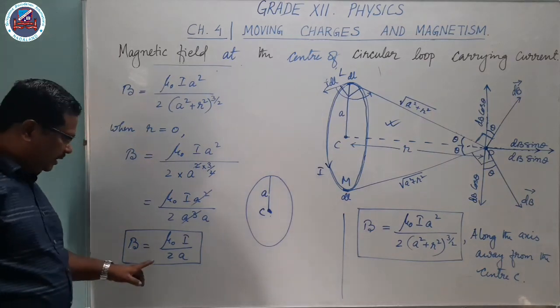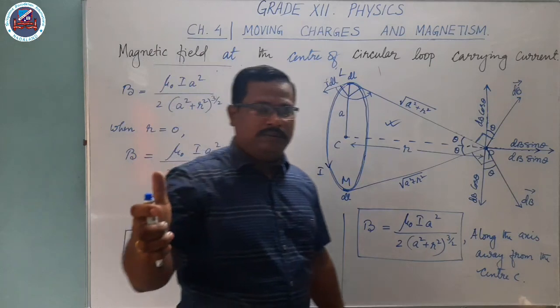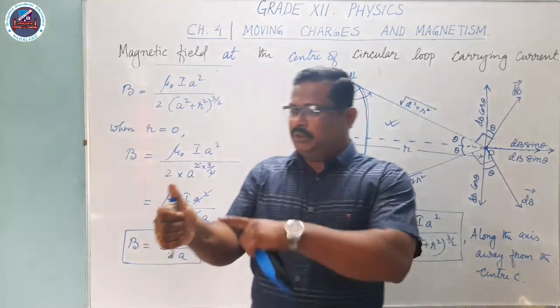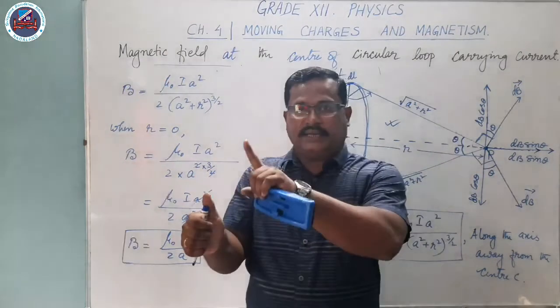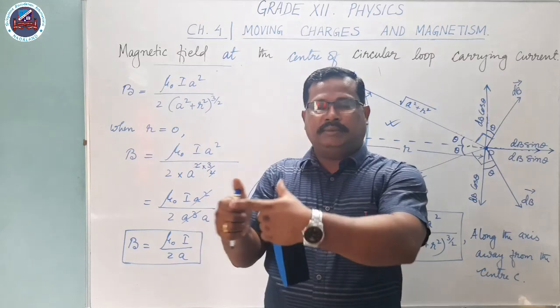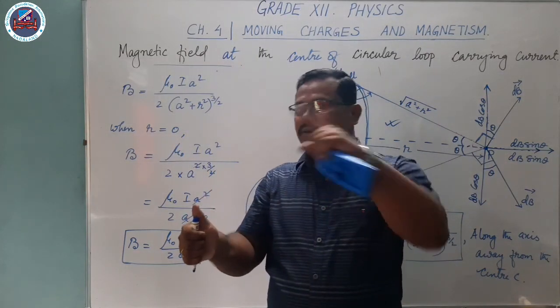Now, let us check how to find out the direction. Here you can use your Maxwell's right-hand grip rule again. Earlier we took, if the thumb shows the direction of current, then the tips of the fingers encircling the conductor show the magnetic field lines. But in this case, current is in the circular direction.